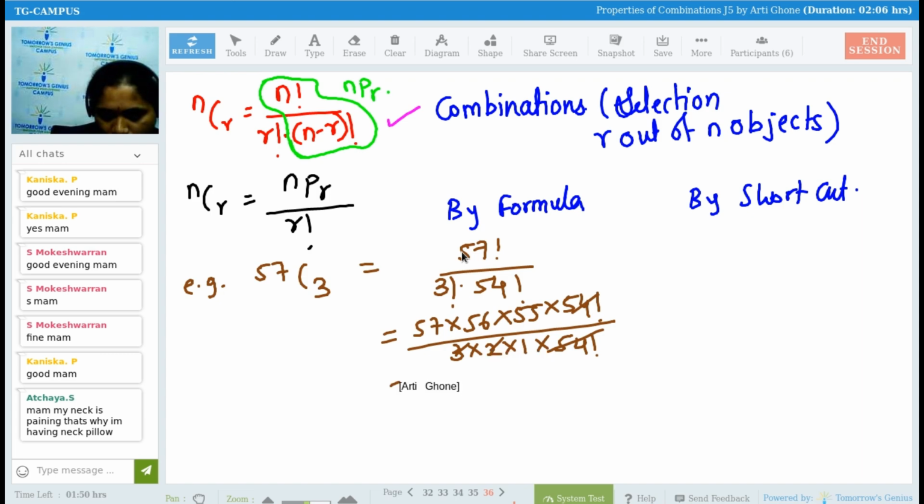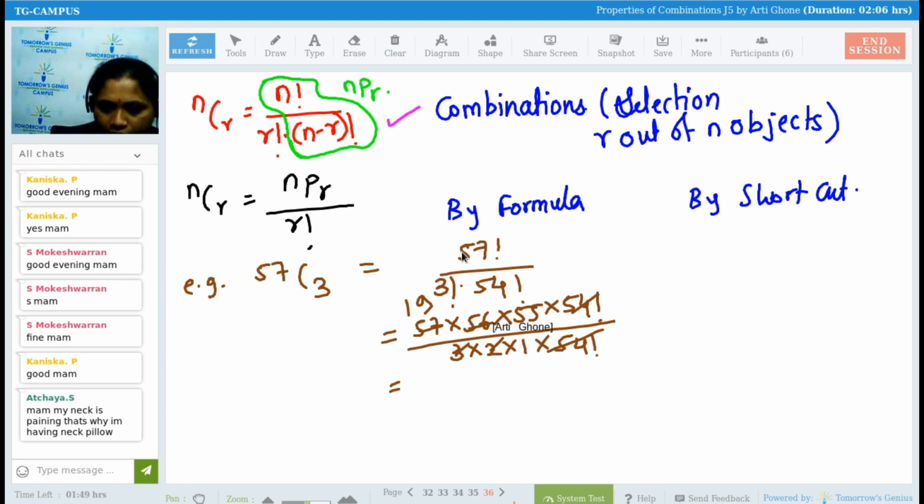So how can we solve this one? Which one is divisible by 3?